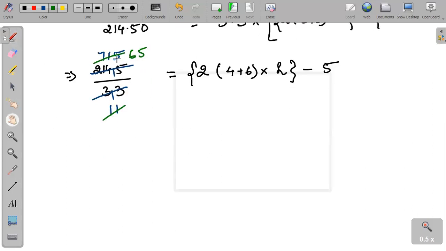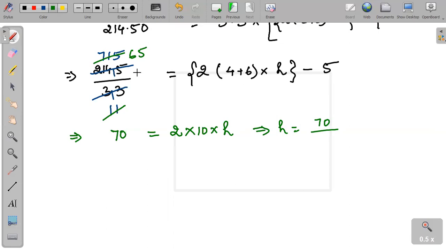Yes, we get 65. We add 5 to it, it is going to be 70. That is equal to twice into 10 into height. This finally gives me height is equal to 70. बेटा ये 5 लेफ्ट से राइट आएगा तो प्लस हो जाएगा ना.